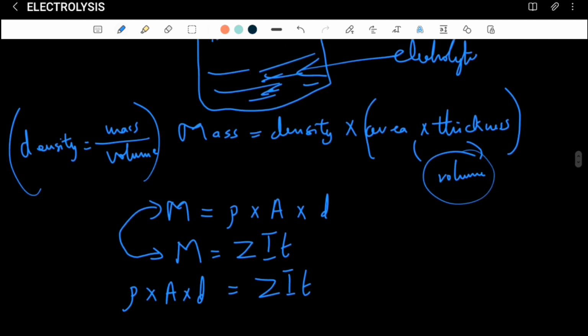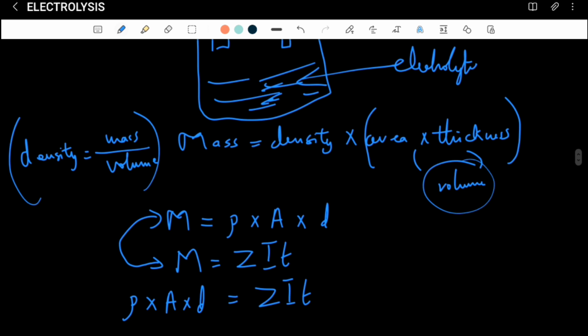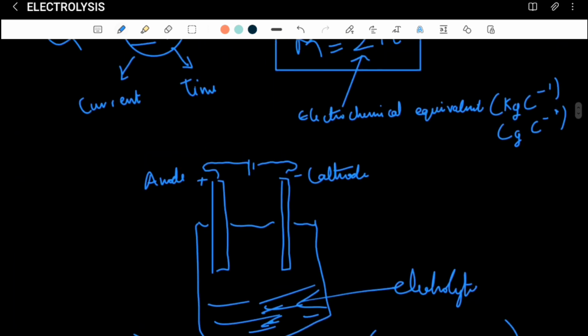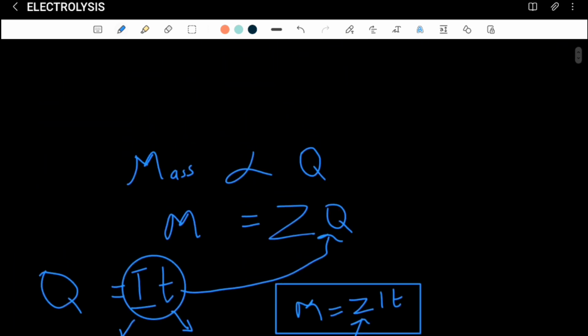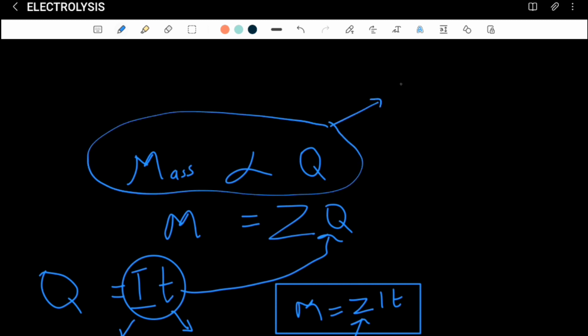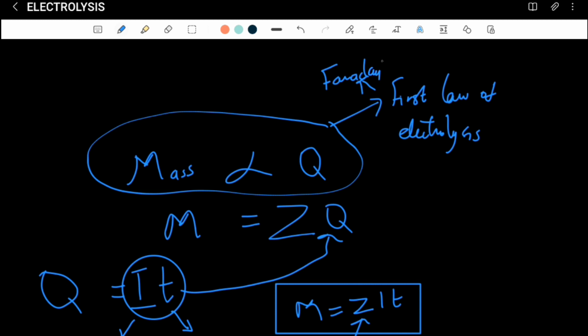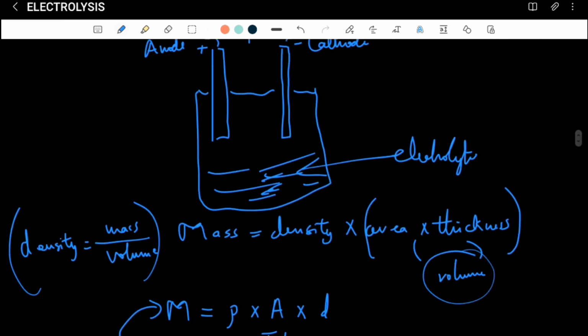Faraday's first law of electrolysis states that the mass of a substance is as I showed you right here. So what you have here is the first law of electrolysis, or we can put it as Faraday's first law.